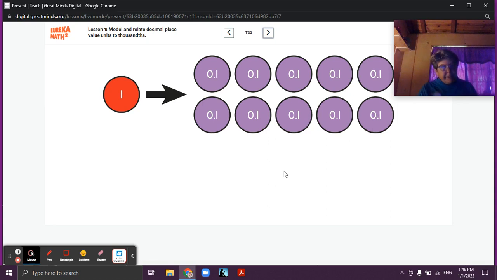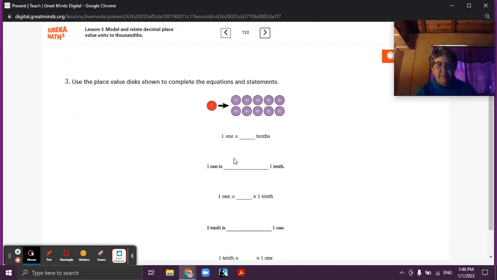So here you see one, your disc of 1 here, and then it's broken into 10, and each one is 1/10. So we represent decimal numbers with place value discs. We have place value discs in class too. If you want to use them hands-on, you can do that as well. So how many tenths make 1? 1 makes 10 tenths. And we talked about that earlier.